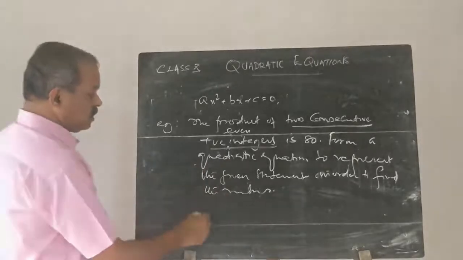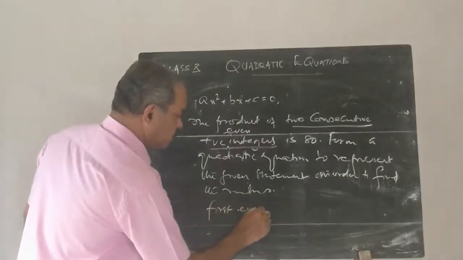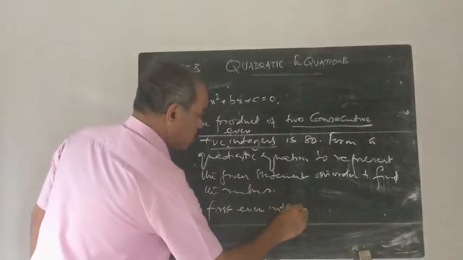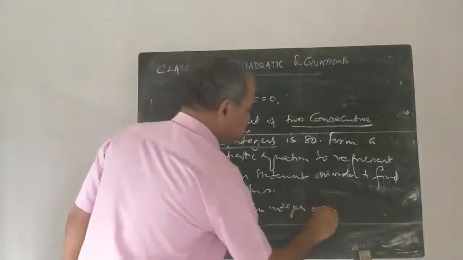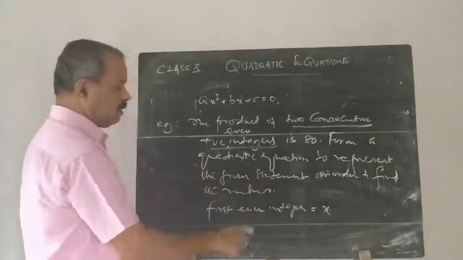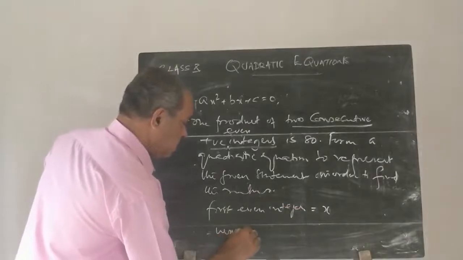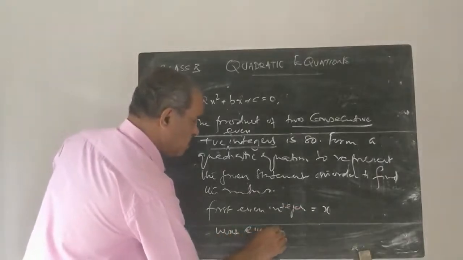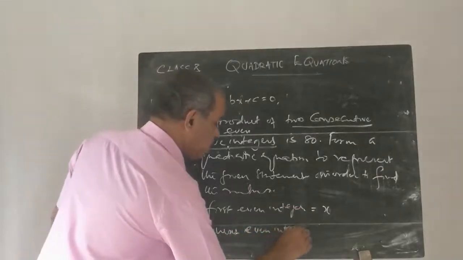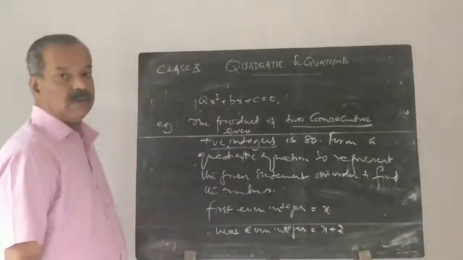If x is the first integer, so we can write first even integer equal to x. Now, what is the consecutive positive even integer of x? Next even integer equal to x plus 2.